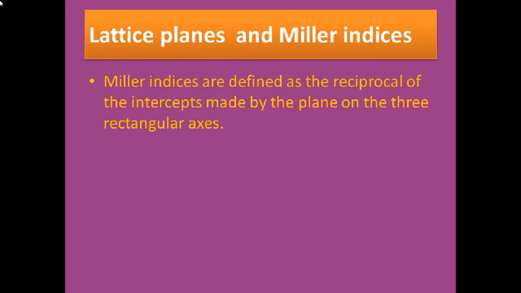Then you find the reciprocals of those, and after that you find the LCM of the denominators of these reciprocals. Then multiply each reciprocal by the LCM and make it a full integer. These numbers h k l are the Miller indices such that h : k : l is equal to 1/p : 1/q : 1/r.